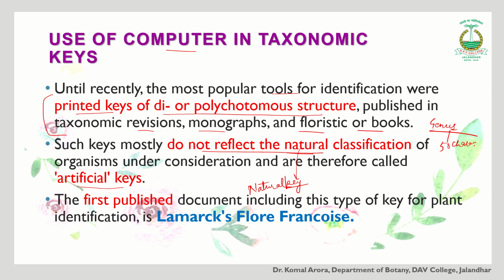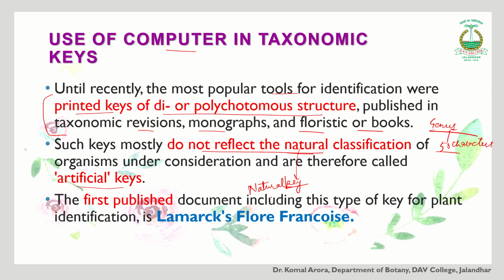Now you yourself can think that using those 50 characters while preparing a key will be a tedious task, right? When I give you only 2-3 characters, then also it takes time to prepare a proper key. So with 50 characters, it becomes more difficult. So usually few characters were considered and artificial keys were prepared, and they were not showing the natural classification.